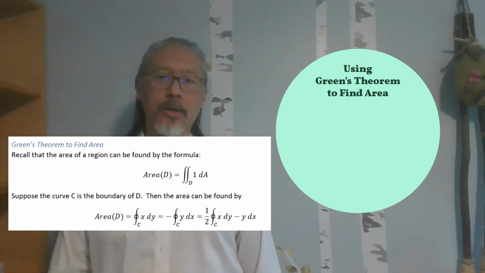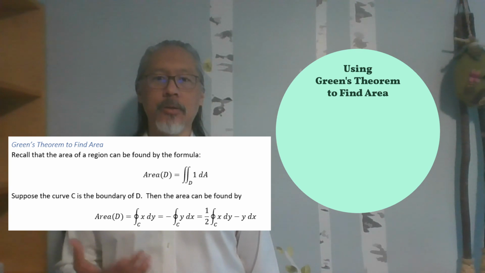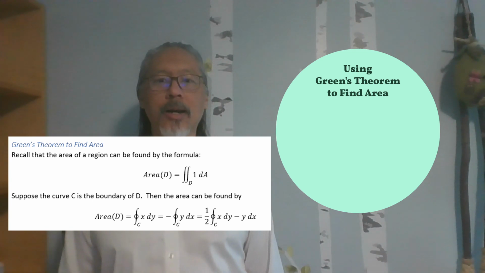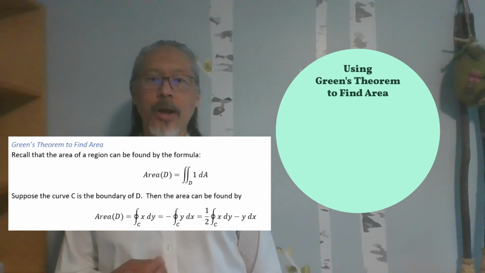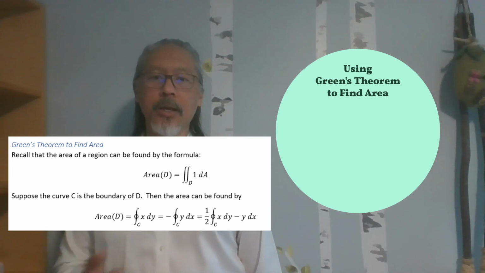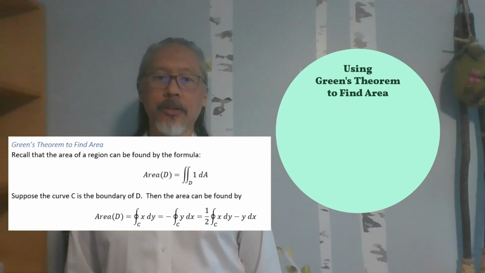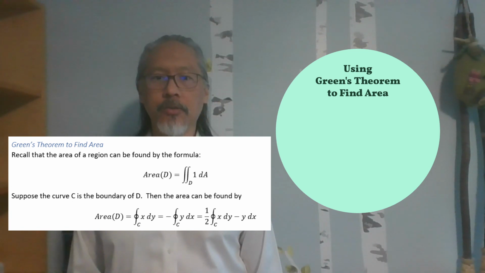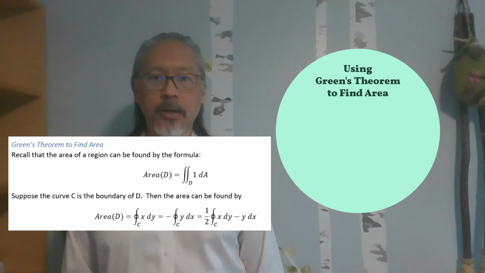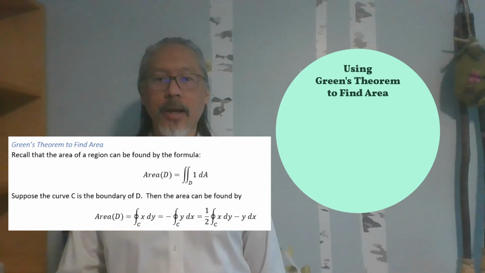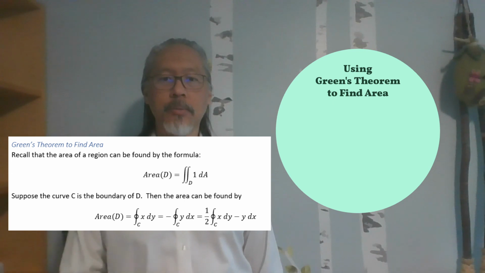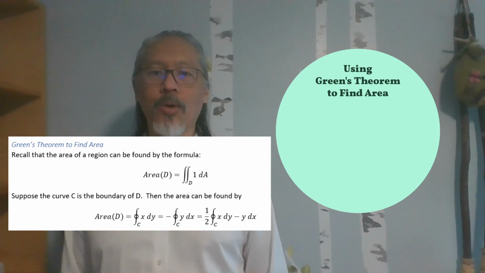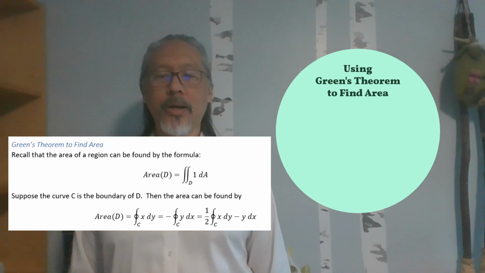If we imagine 1 as the partial of Q with respect to x minus the partial of P with respect to y, and extract a vector field P, Q from that, then the vector field can be 0, x or negative y, 0, or it could be negative 1/2 y, 1/2 x.